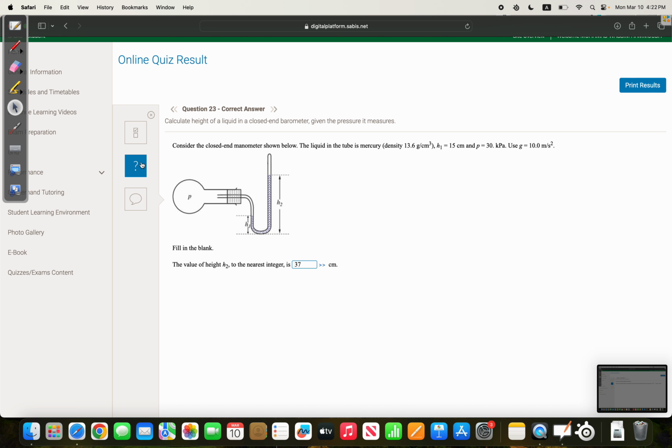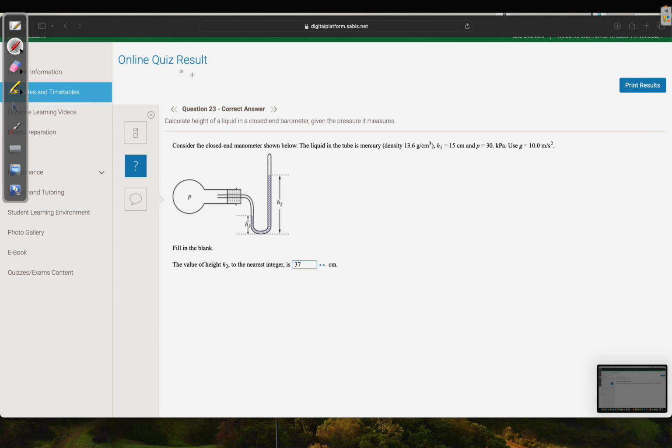The liquid in the tube is mercury, density 13.6 grams per centimeter cube. Height 1 is 15 and pressure is 30,000 kilopascals. First of all, we know that the rule is rho g h, but h here is height 2 minus height 1.